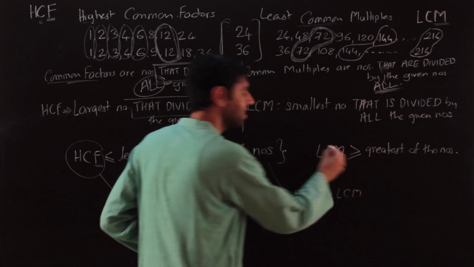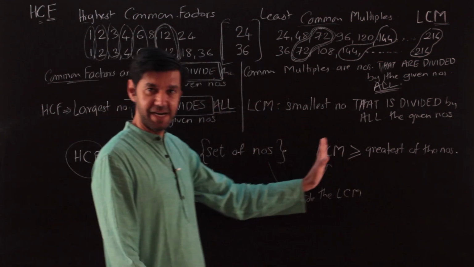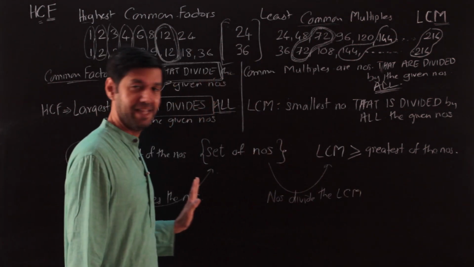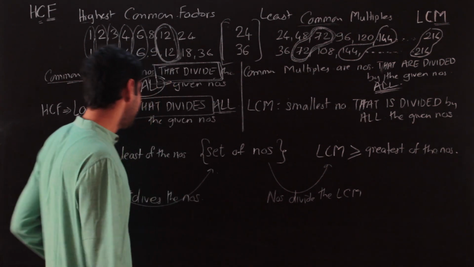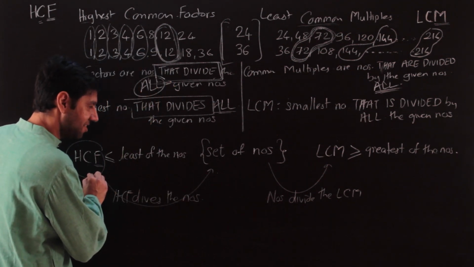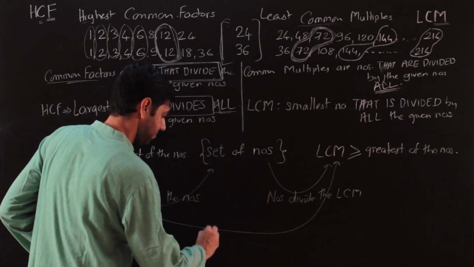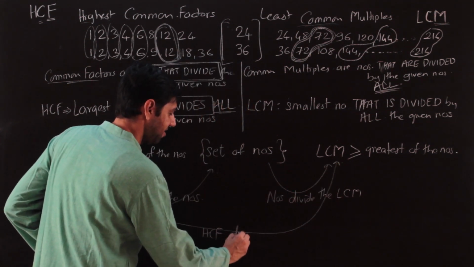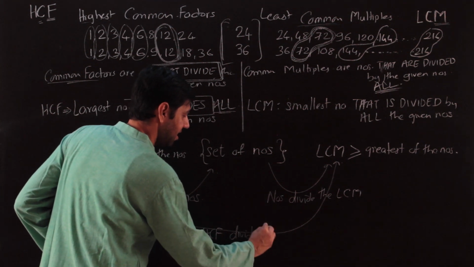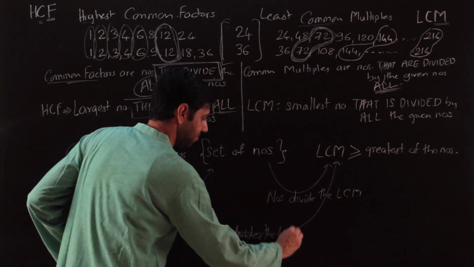LCM is a multiple of the numbers, right? So the numbers are going to divide them. What that means is HCF necessarily has to divide LCM. HCF divides the LCM.